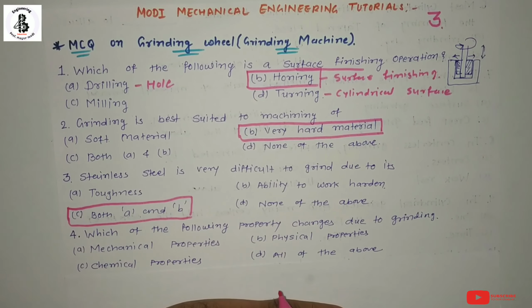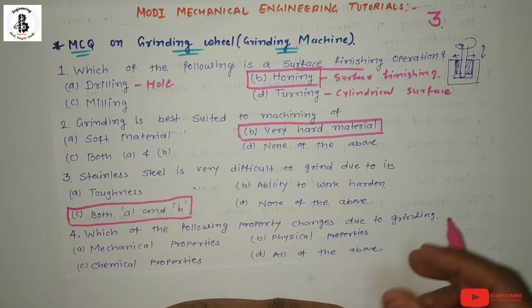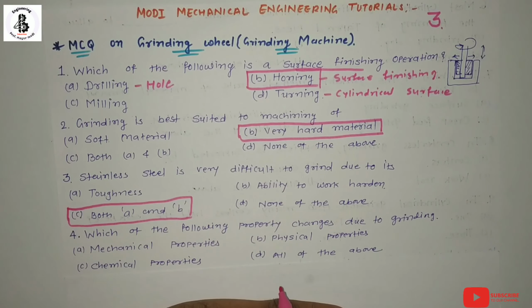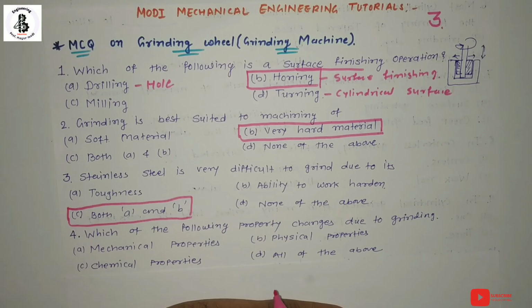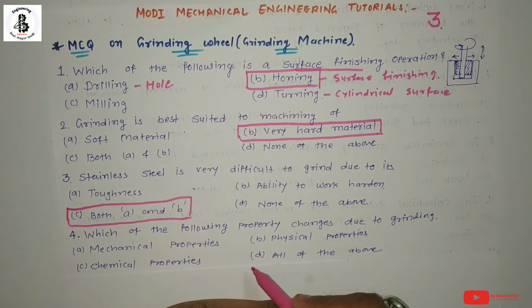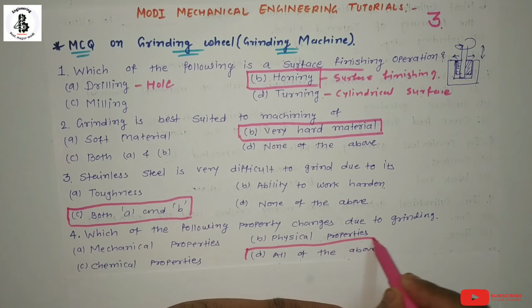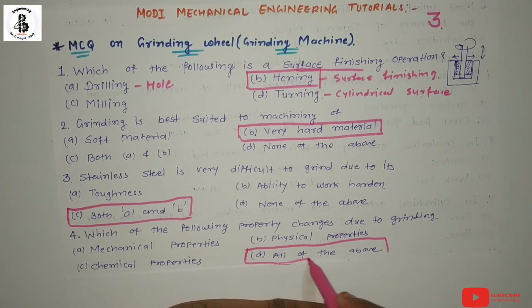Grinding is considered a conventional machining process, so all the properties are changed. So option D, all of the above, is the right answer.